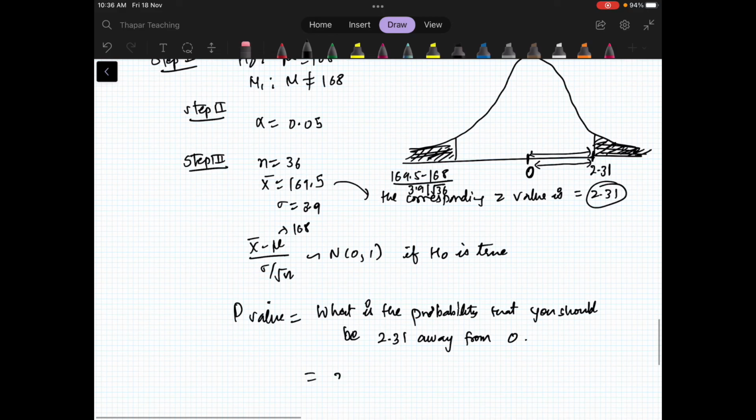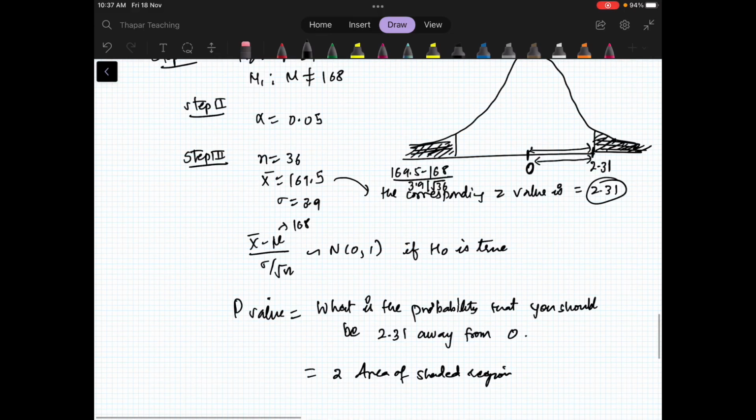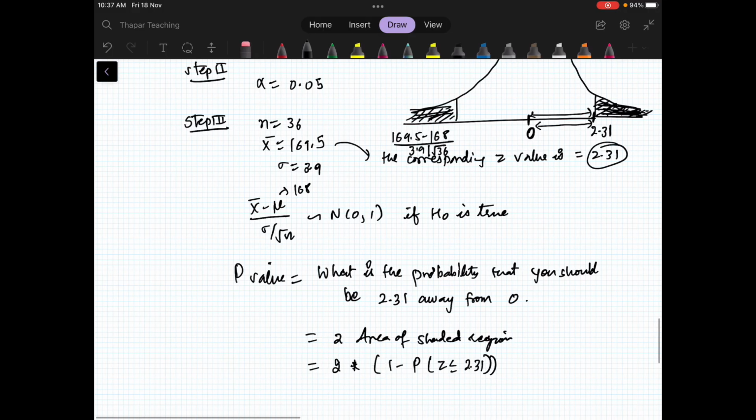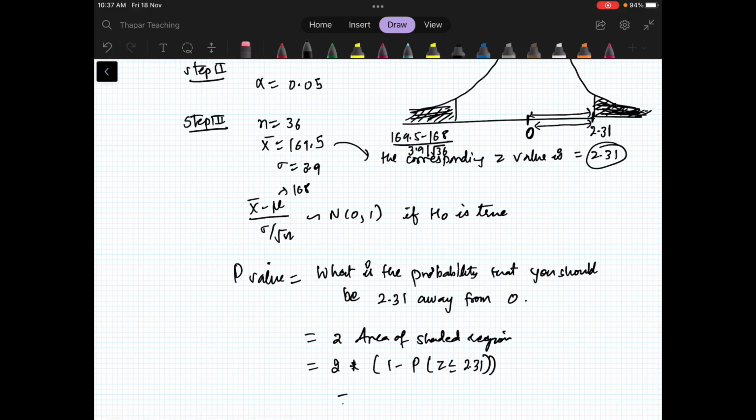So that is twice the area of the shaded region. This is 1 minus p, that z is less than or equal to 2.31. Fine, we'll be doing it twice. Is that okay? Right.